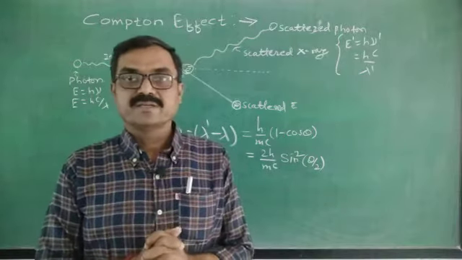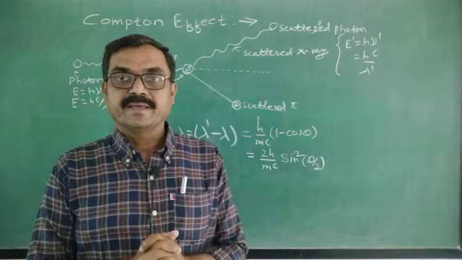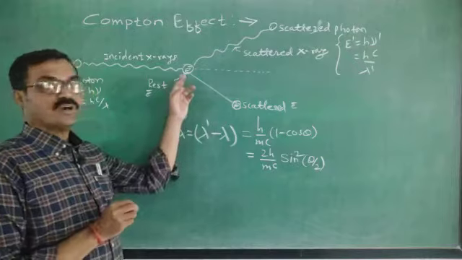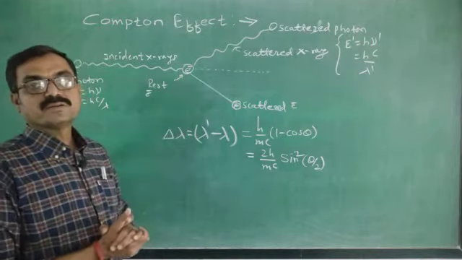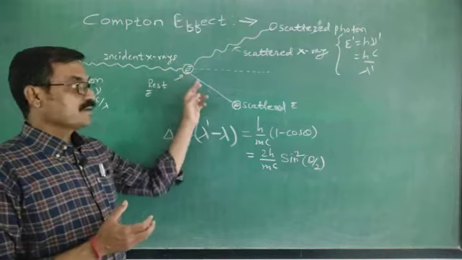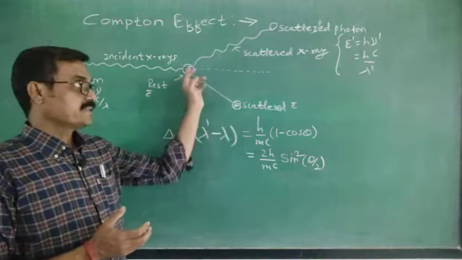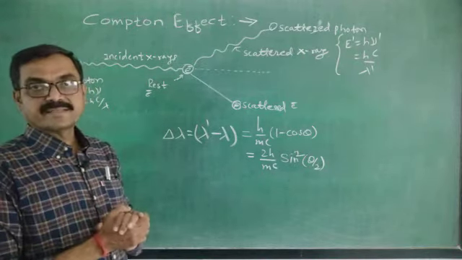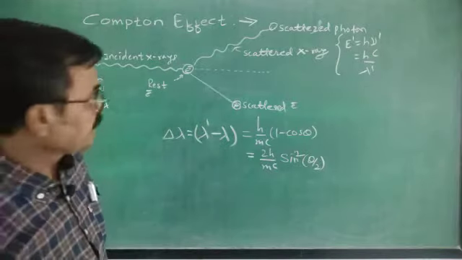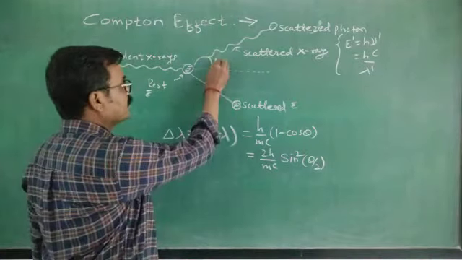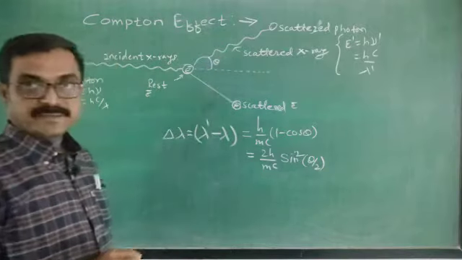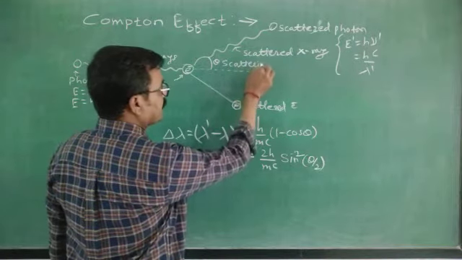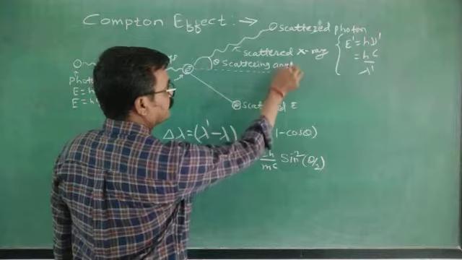In this Compton effect, a monochromatic X-ray of a particular wavelength is allowed to fall on the electron, and due to this electron gets scattered and X-rays get scattered, and these scattered X-rays make some angle theta with this incident light, and this theta is called the angle of scattering or scattering angle.